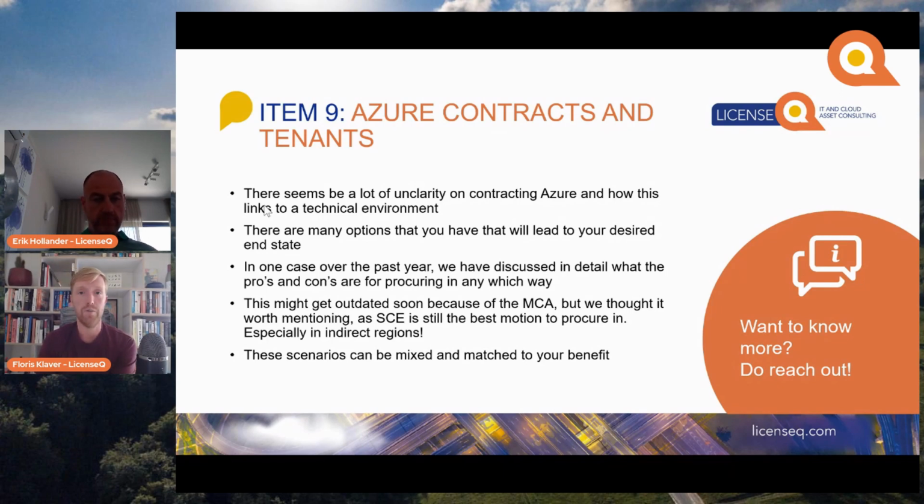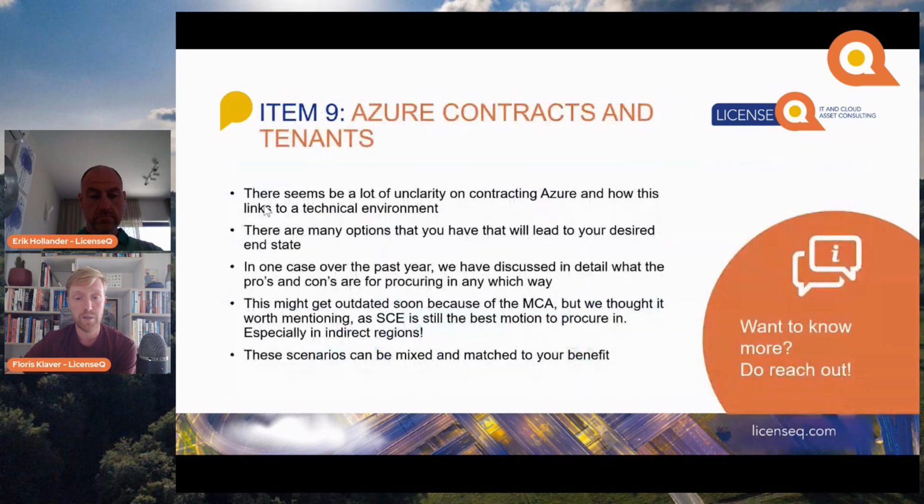I have a heavily special amended contract. I don't want to move to a contractual vehicle like the MCA, where there is no possibility to create customized terms. I don't agree with the language in it, and so on. And they might still grant you the exception to license Azure in the SCE or an EA.